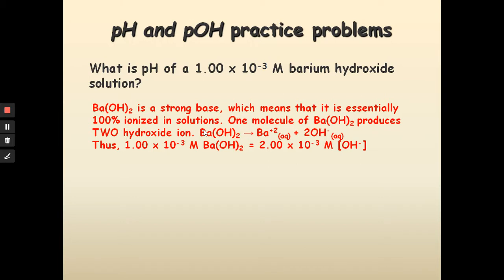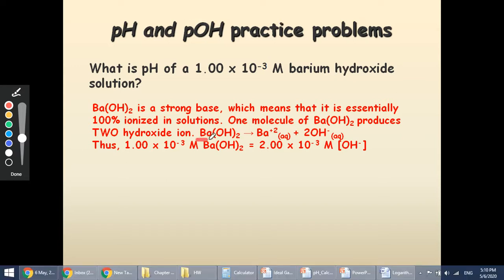So every time you have a BaOH2, it's going to completely break down into barium and hydroxide ions. But pay extra attention to the 2 hydroxide for every 1 barium. So 1 molecule of BaOH2 is going to produce 2 hydroxide ions. Take a look at this equation, and you will realize that BaOH2 will split into 1 barium and 2 hydroxide ions.